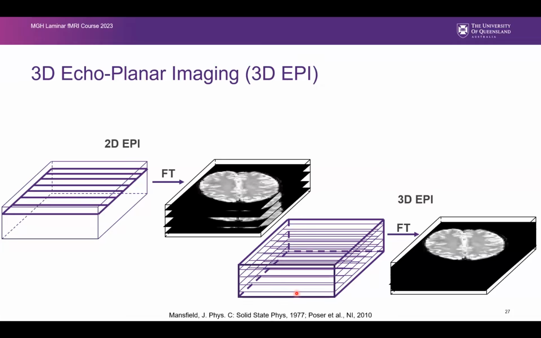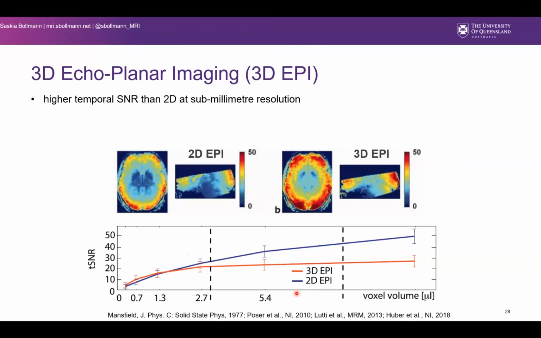It's more or less not a big difference in most cases. But if you look at some studies, you can see that as we go to smaller and smaller voxels, the temporal signal to noise ratio in 3D EPI actually overtakes the temporal signal to noise ratio in 2D EPI.